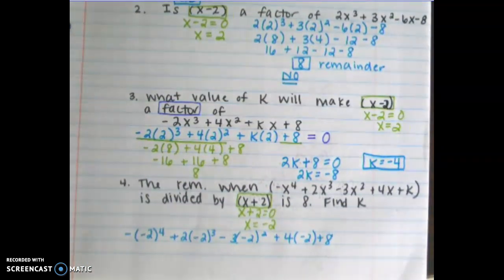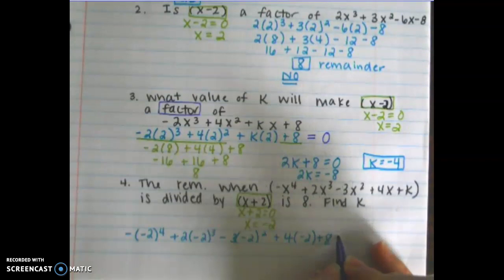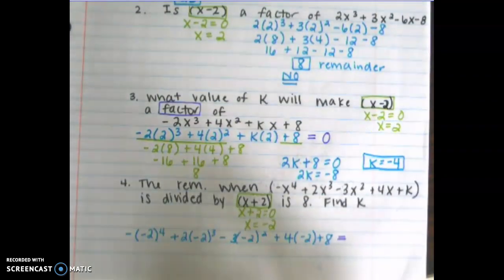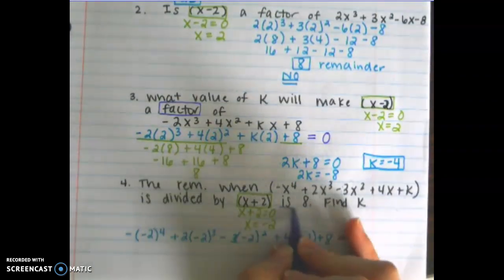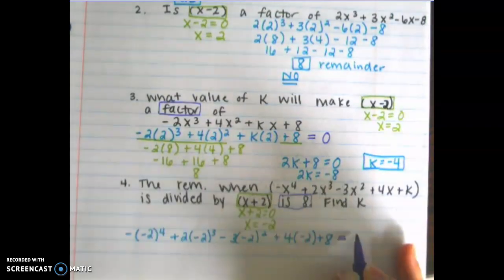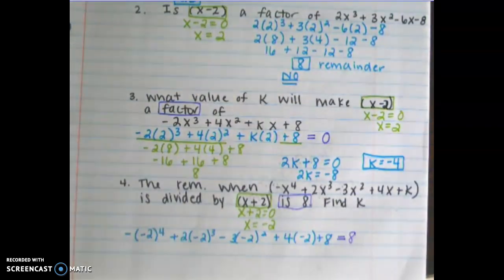Again, this has to equal something. They told you in the problem what it is supposed to equal. It said that it is 8. So when I plug negative 2 in for x, I'm supposed to get 8 as my answer.